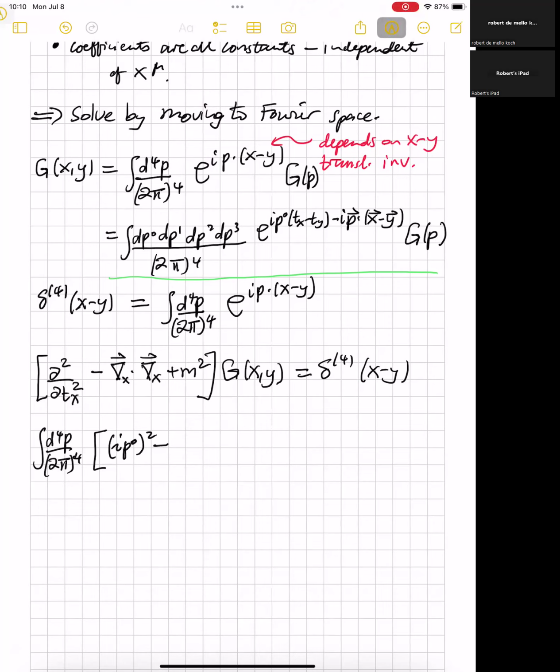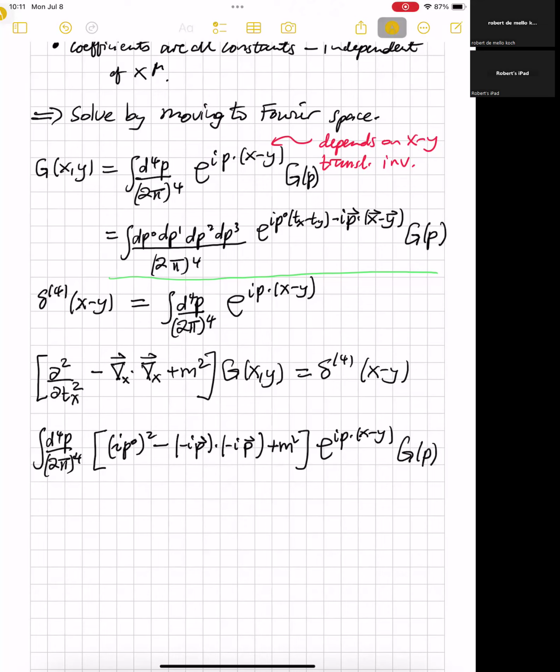Minus, when I calculate the derivative with respect to spatial x, I bring down minus i spatial p. So I'll have minus i p dot minus i p. And then we've got plus m squared. And then we'll have e to the i p dot x minus y g of p.